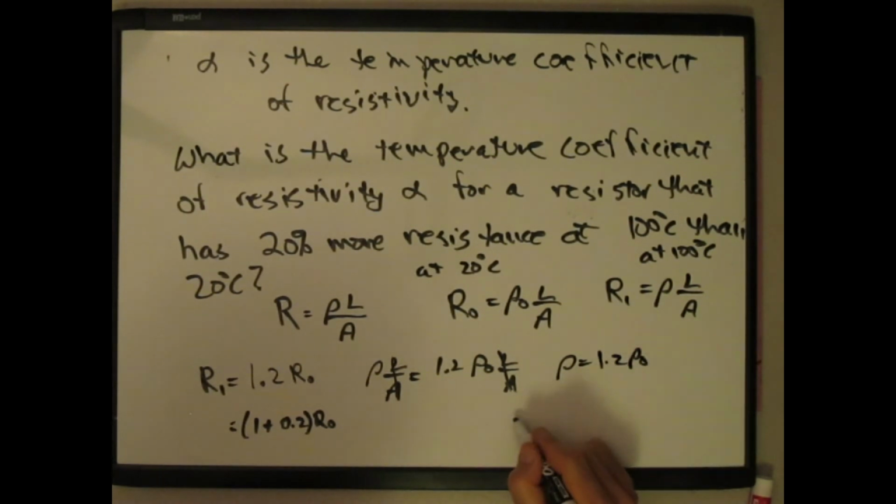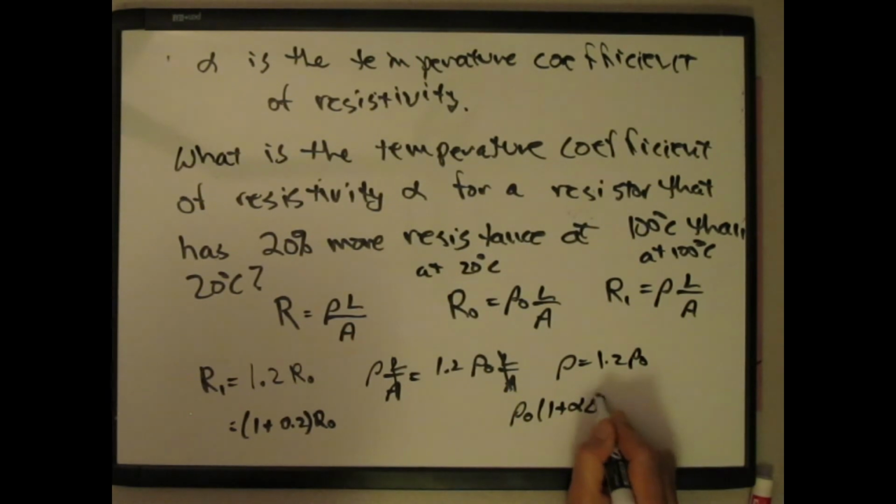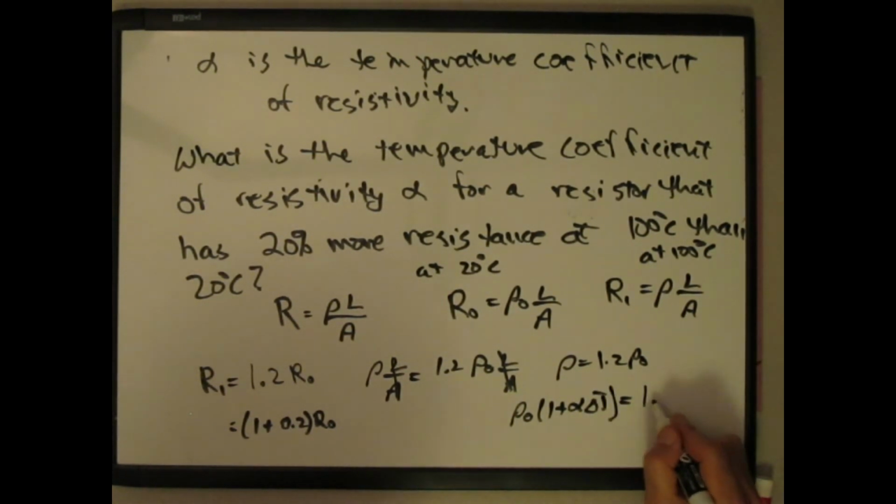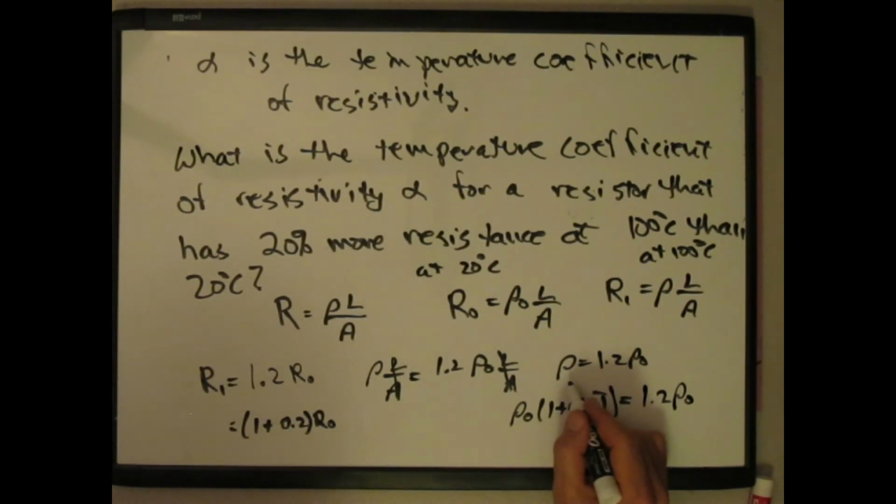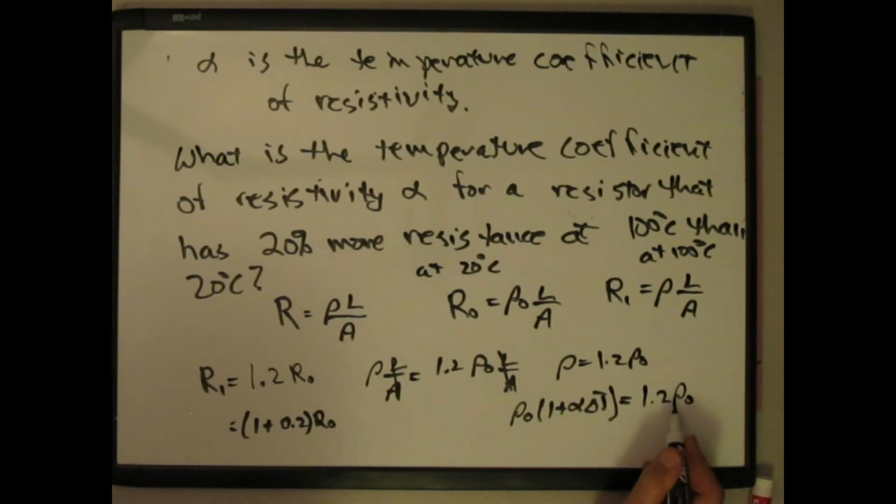But we just said that rho is equal to rho naught times 1 plus alpha delta T. And that's equal to 1.2 times rho naught. Right? The resistivity is equal to the resistivity at 20 degrees C times 1 plus alpha delta T. And that, we've already decided, is 20% greater, and so it's 1.2 times this.